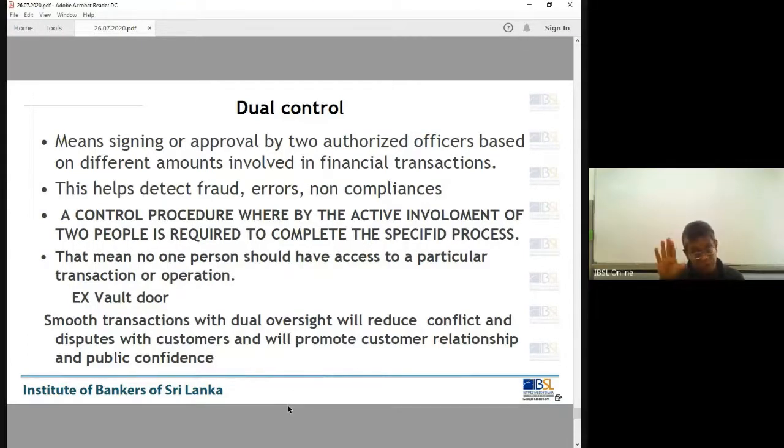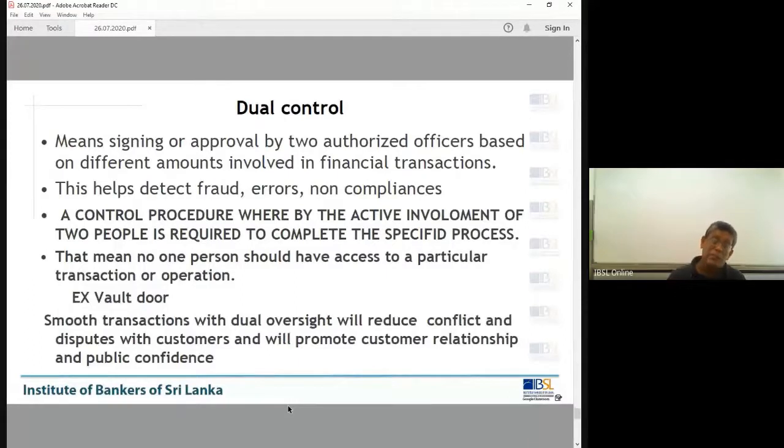Very famous one. Dual control facilitates and promotes the customer relationship, because why? The bank is not doing any wrong thing. If the bank is not doing any wrong thing, it automatically builds up customer confidence.